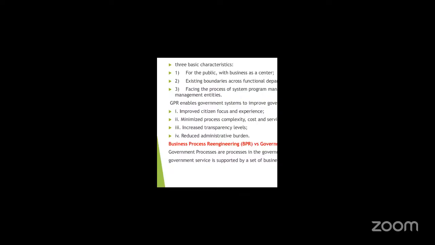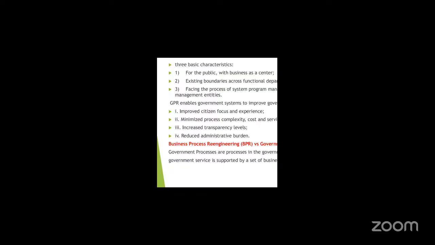So in the business process, we have a few characteristics. The first characteristic of a business process is that it is a group of tasks. In the business process, a set of activities is initiated by an event, transforms information, material, business commitments, and produces output.